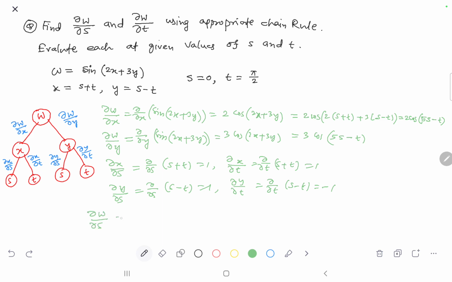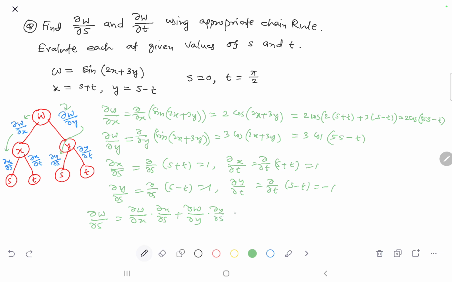We know by chain rule it will be del w del x into del x del s plus del w del y into del y del s. We first take from here to here, and then from here to here, and it will multiply by this.